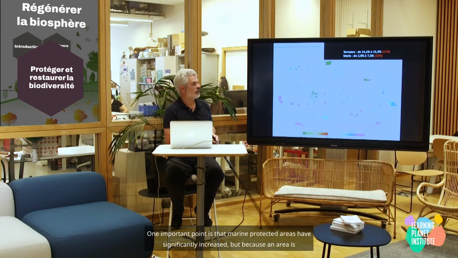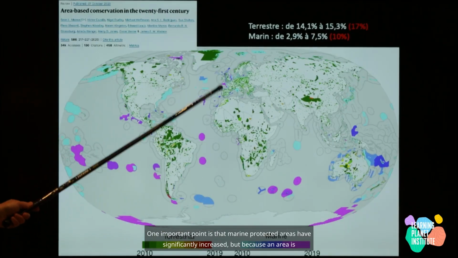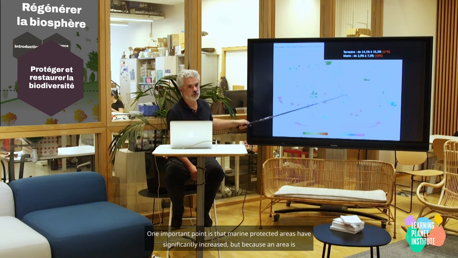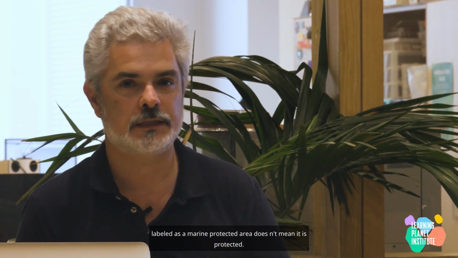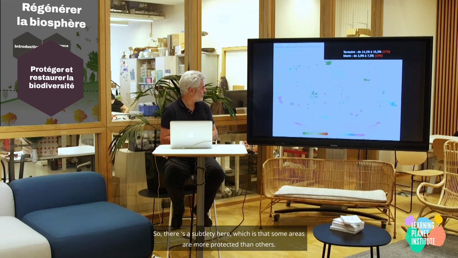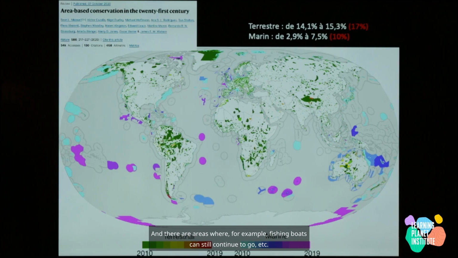One important point is that marine protected areas have significantly increased, but because an area is labeled as a marine protected area doesn't mean it is protected. There's a subtlety here, which is that some areas are more protected than others. And there are areas where, for example, fishing boats can still continue to go.